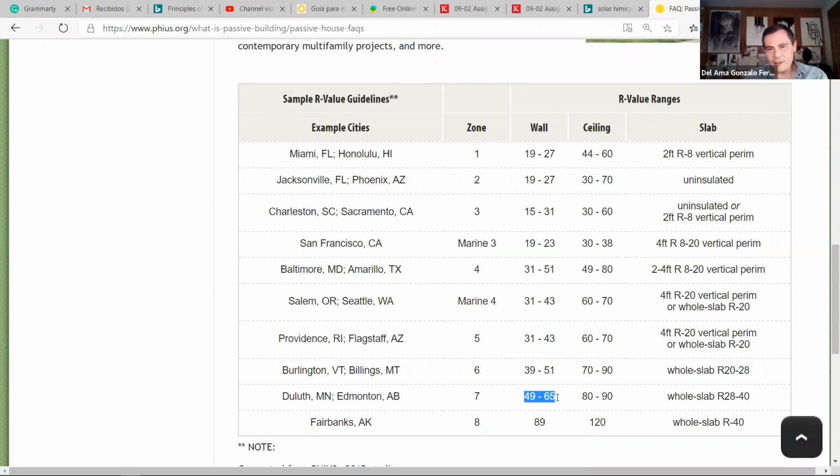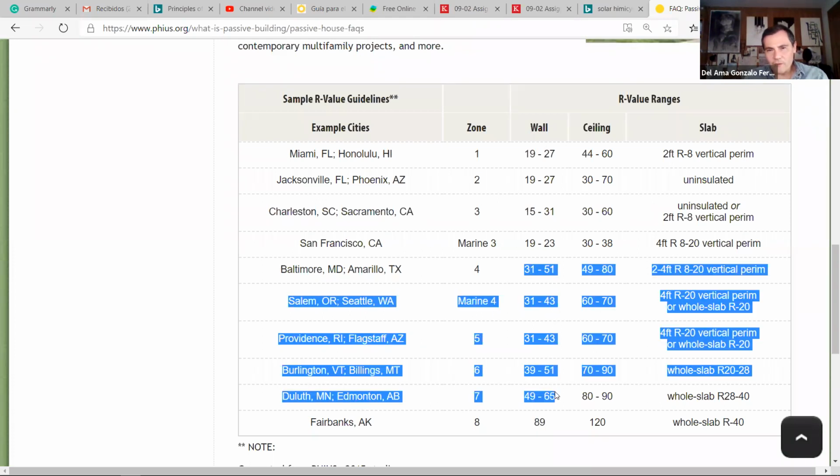So 50 is good in Burlington, Vermont. Probably this is closer to our place, to Keene. We don't have to memorize 39 to 51. Just memorize 50, unless you are building something in Alaska, where you need 89, crazy. But in cold climates, being above 50 is good.